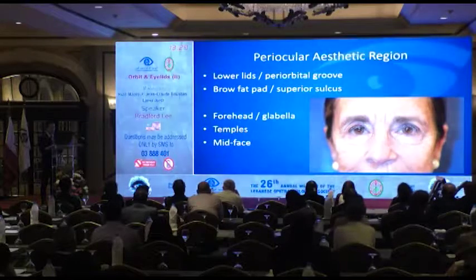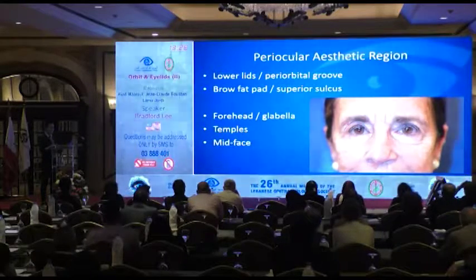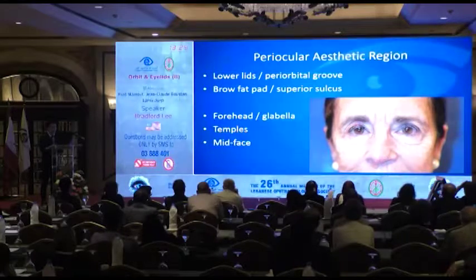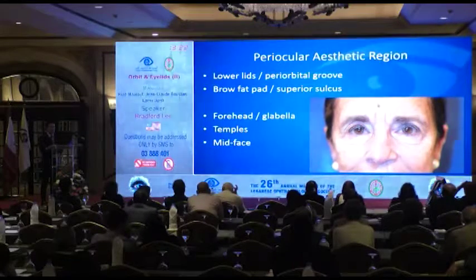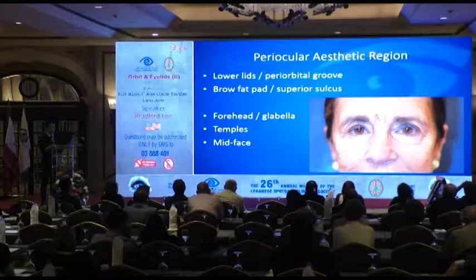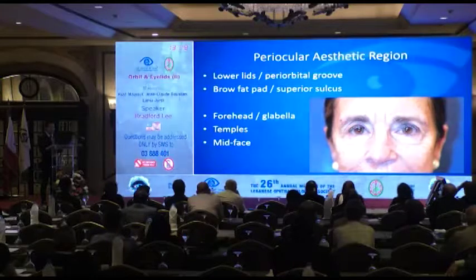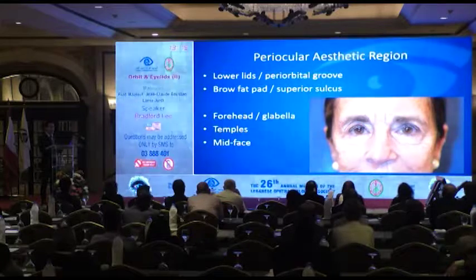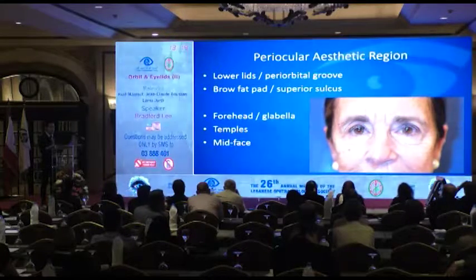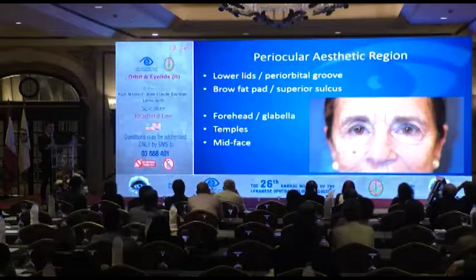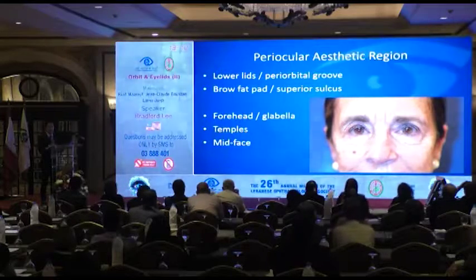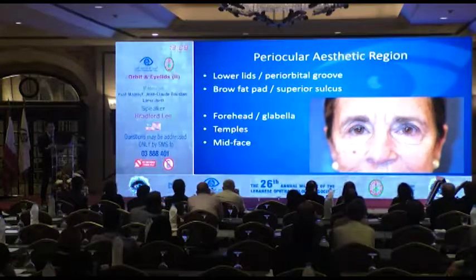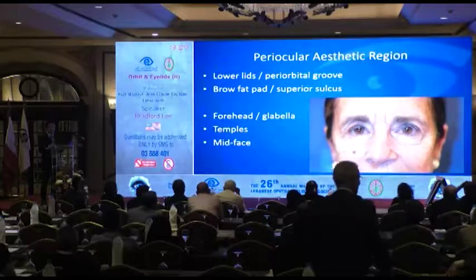You can see that there's deflation of the brow fat pad and a bit of hollowing of the superior sulcus here. You can see deeply etched glabellar lines. You can see temporal wasting that shows the lateral orbital rim here. And then there's some mid-face devolumization as well.